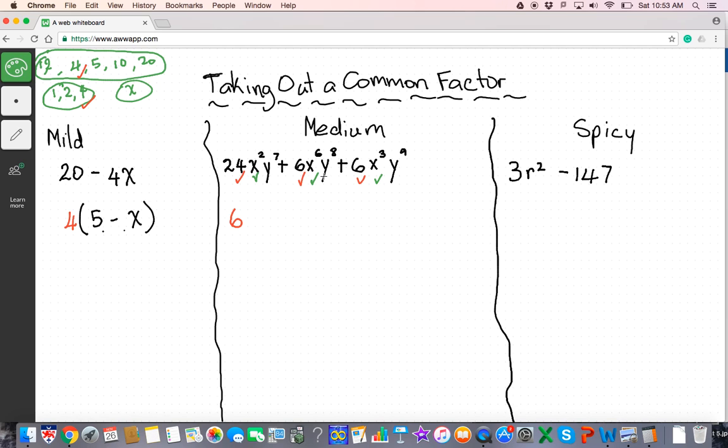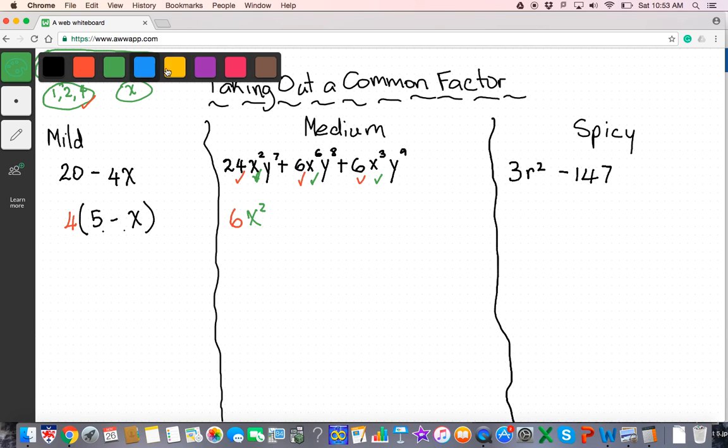Even though the greatest one is x to the 6th, x to the 6th cannot go into x squared or x to the 3rd. Well, x to the 3rd cannot go into x squared. So the greatest one that can go into the others is actually x squared. Because x squared can go into x squared, x squared can go into x to the 6th, and x squared can go into x to the 3rd.